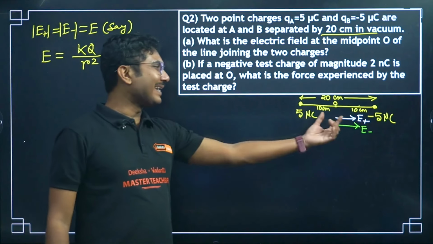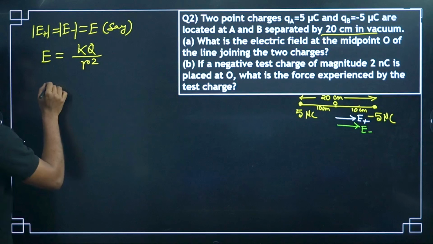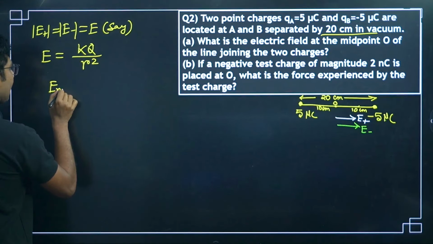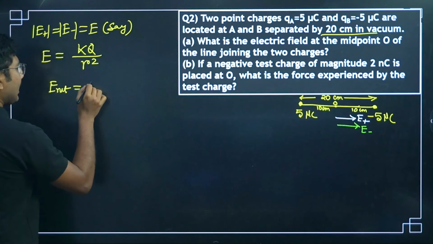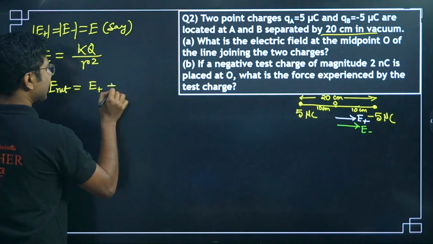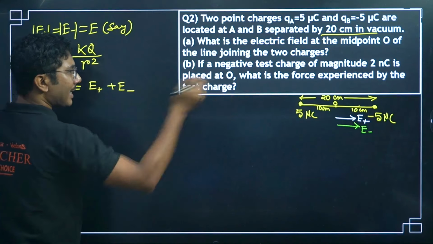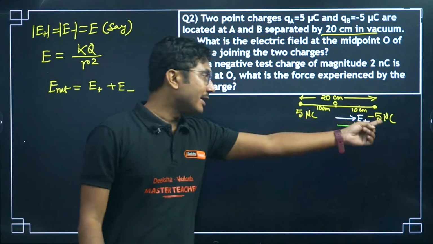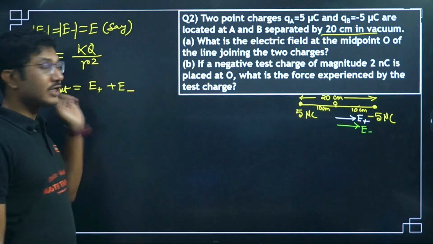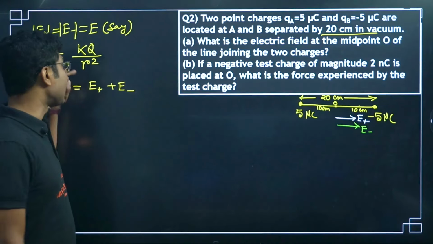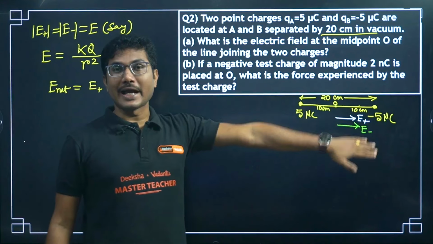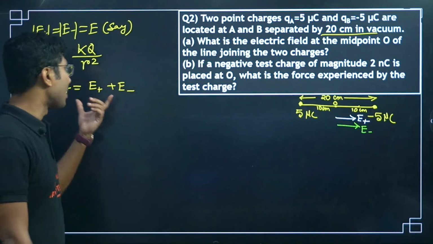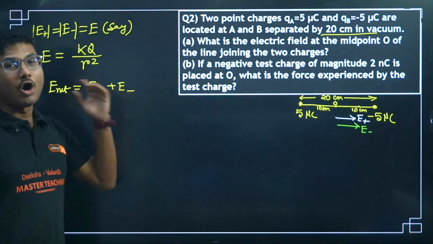So what is the net electric field? Net electric field is basically E plus E minus, right? Both are in the same direction. So always consider the direction. Don't put the sign of the charge in this equation. You consider the direction, and based on the direction you have to find whether they are getting added or subtracted.